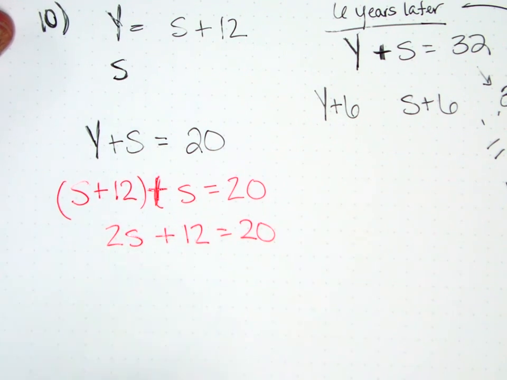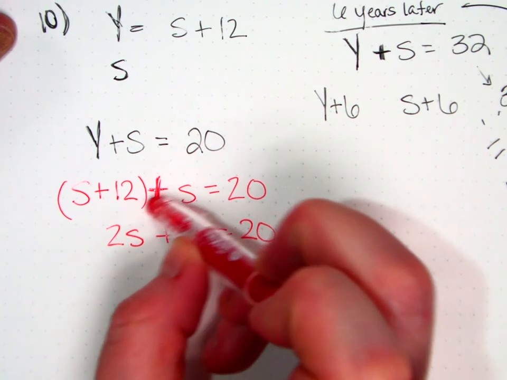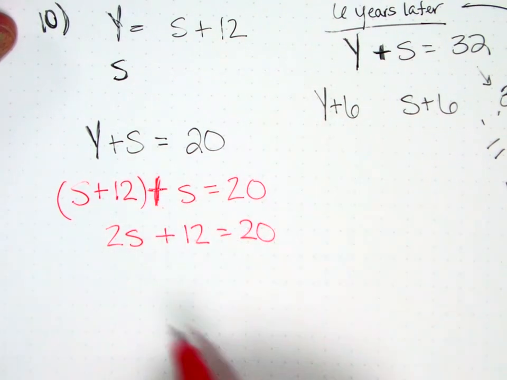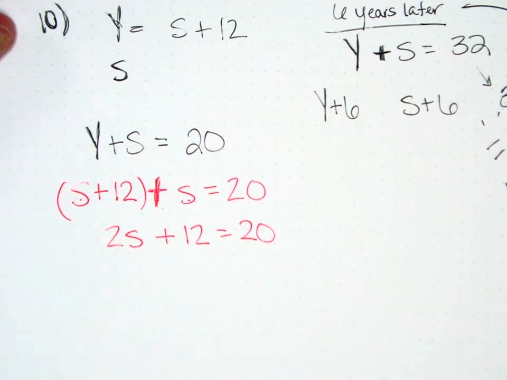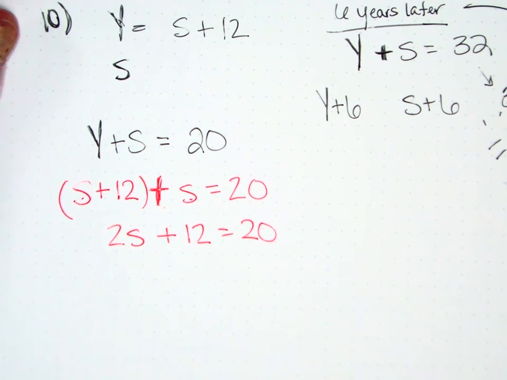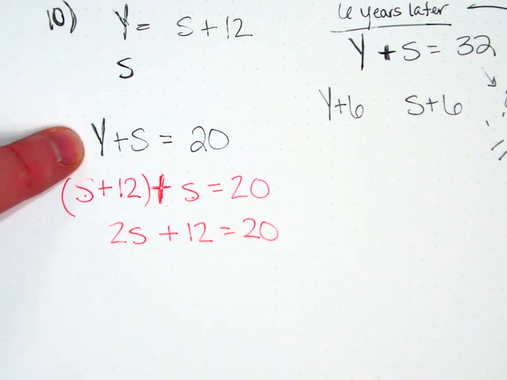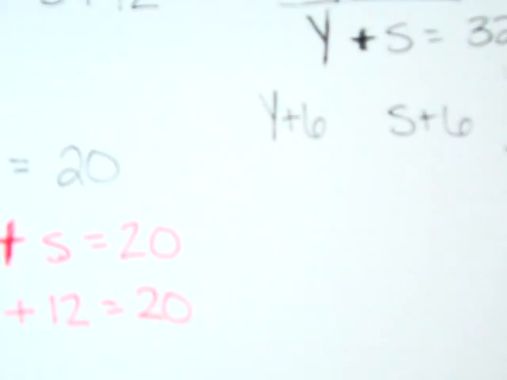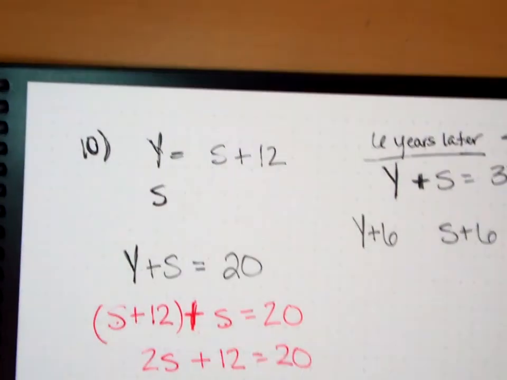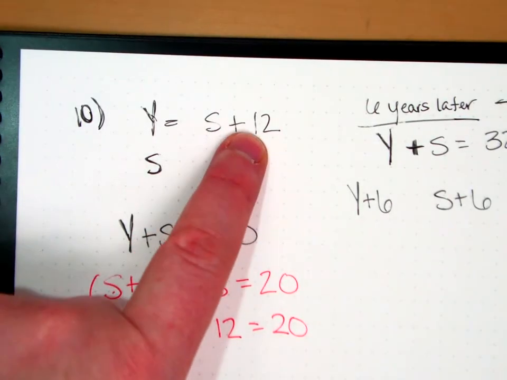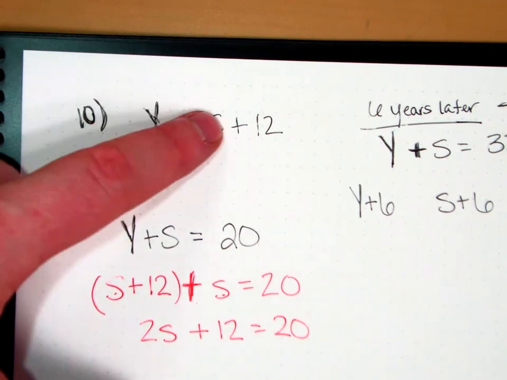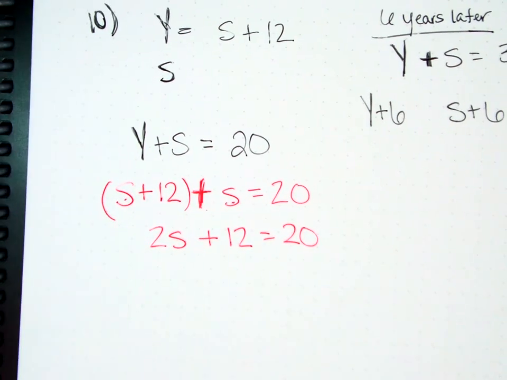Or said, hey, if their ages are 12 years apart, what two numbers can work it out? S plus S is 2s. Because instead of having 2 variables, I made it into 1 variable. Because we rewrote originally, Yoshi is sister plus 12 years. So when you plug it back in, you make it 1 variable, otherwise it's really hard to solve.